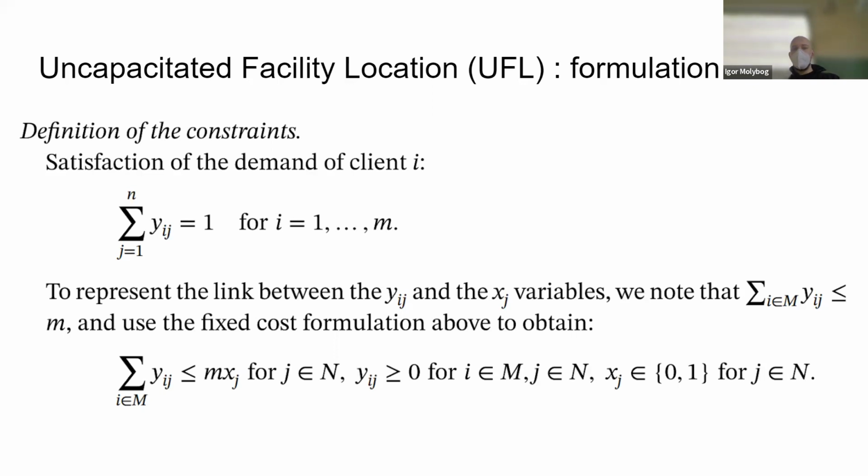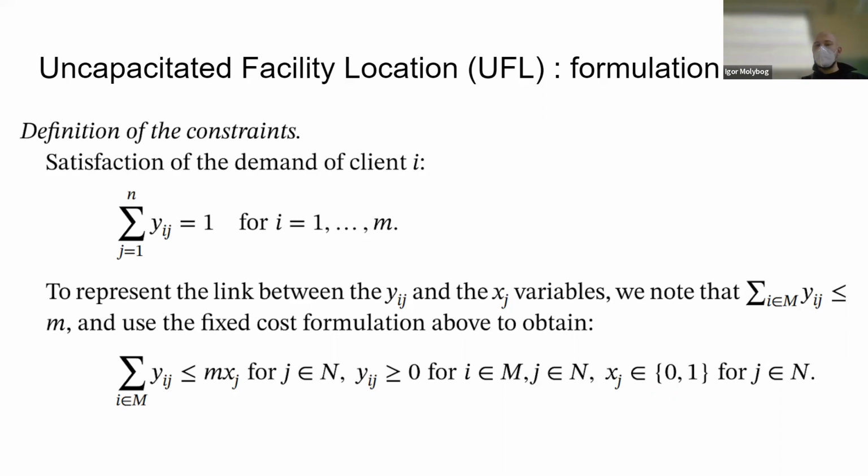some large number M that is larger than anything else that we have in the problem, and we are saying that the summation of yij must be less than or equal to M xj, which means that if any of the yijs for any i is greater than 0, then xj must be equal to 1.